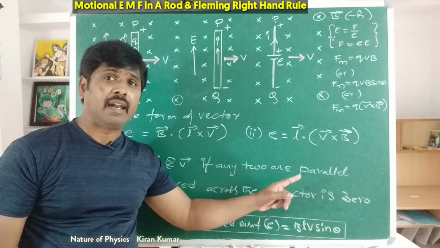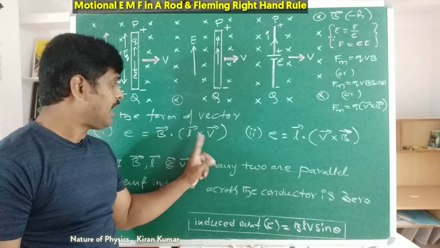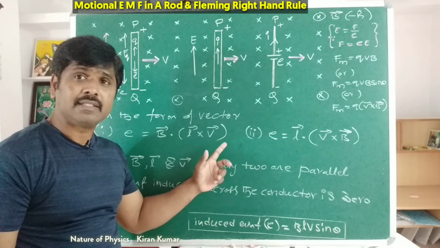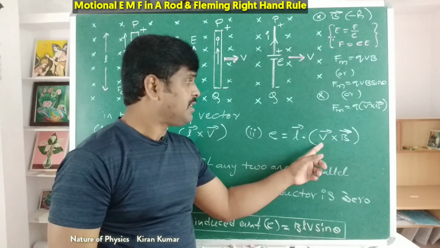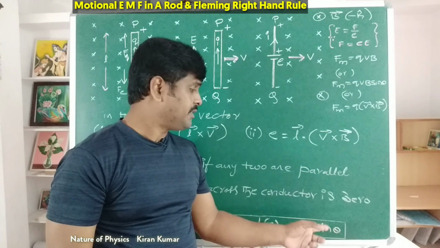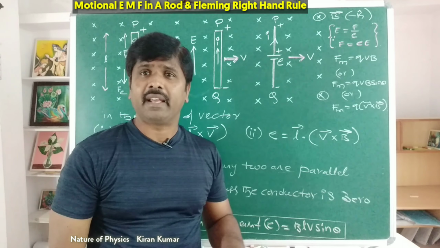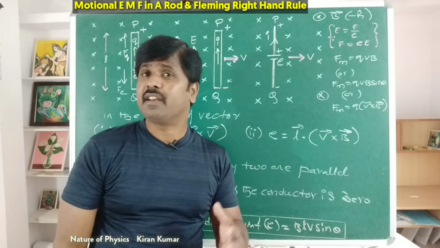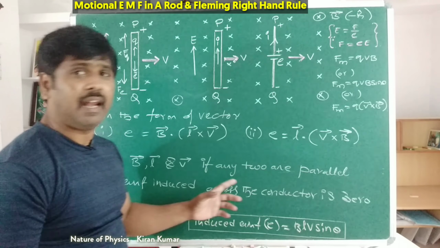If velocity and length are both parallel, then theta is equal to 0, sine 0 is equal to 0, and 0 into anything is 0. Velocity and magnetic field both parallel, then theta is equal to 0, sine 0 is equal to 0, 0 into anything is 0. Like this we can discuss: induced EMF is 0 if any two are parallel.